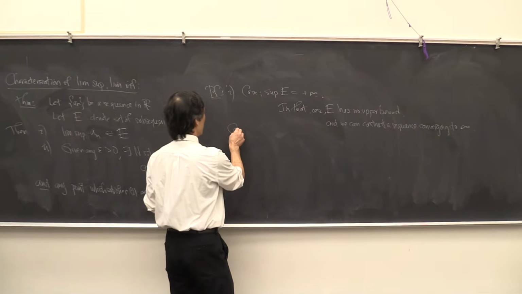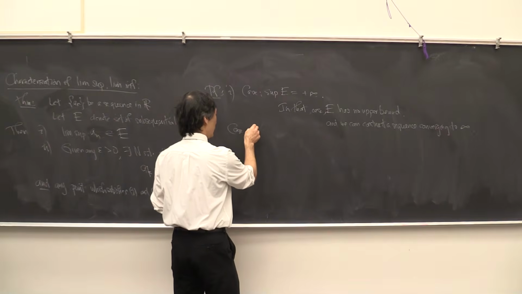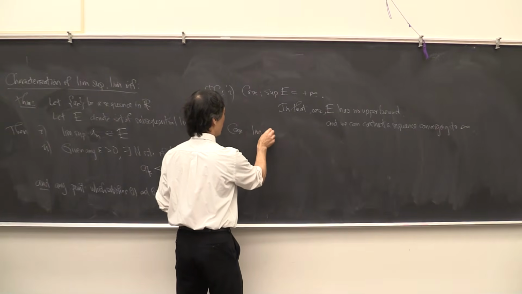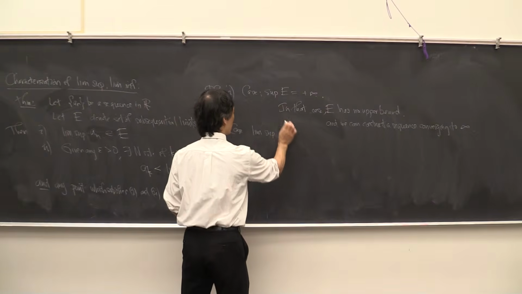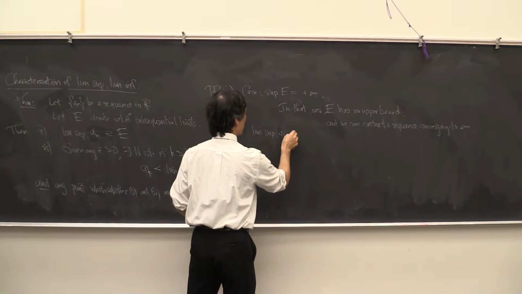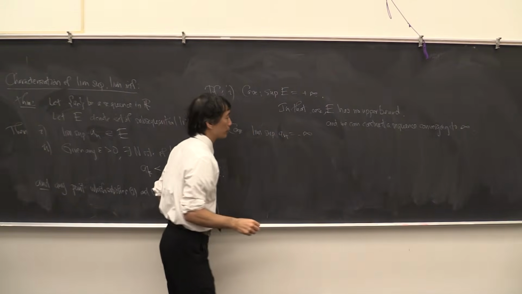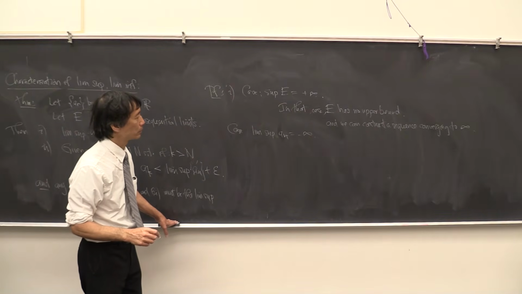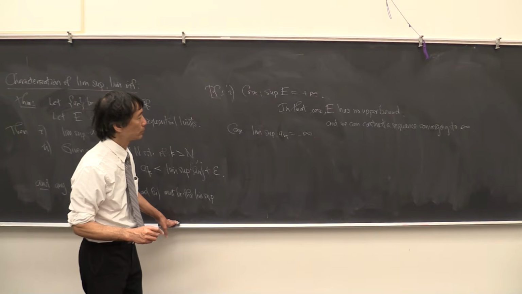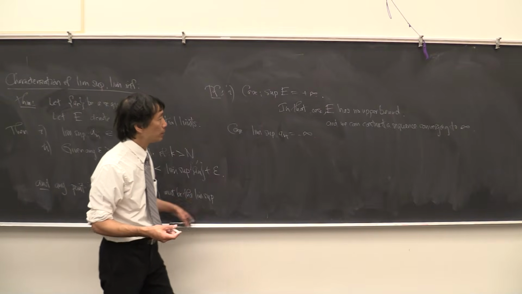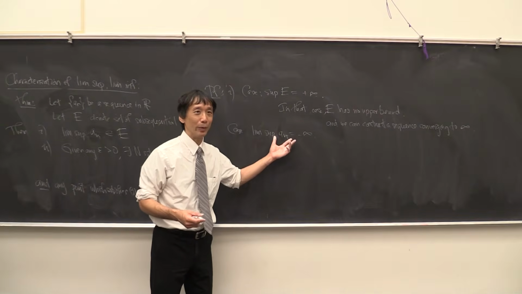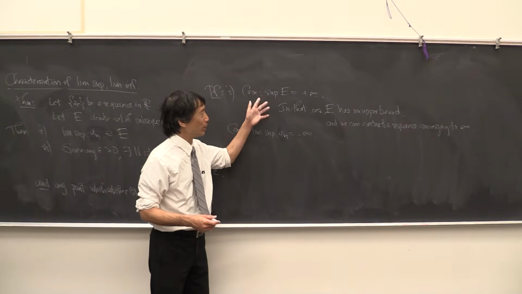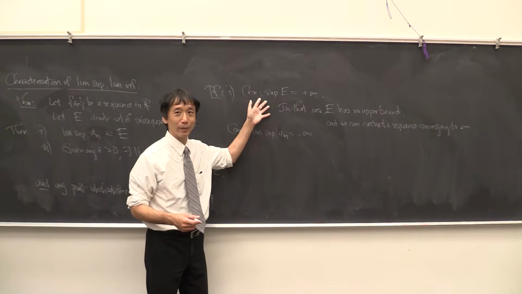Okay. And then in the case where the lim sup is negative infinity, in this case it's actually more straightforward, right? It's what I was mistakenly saying for the other case.